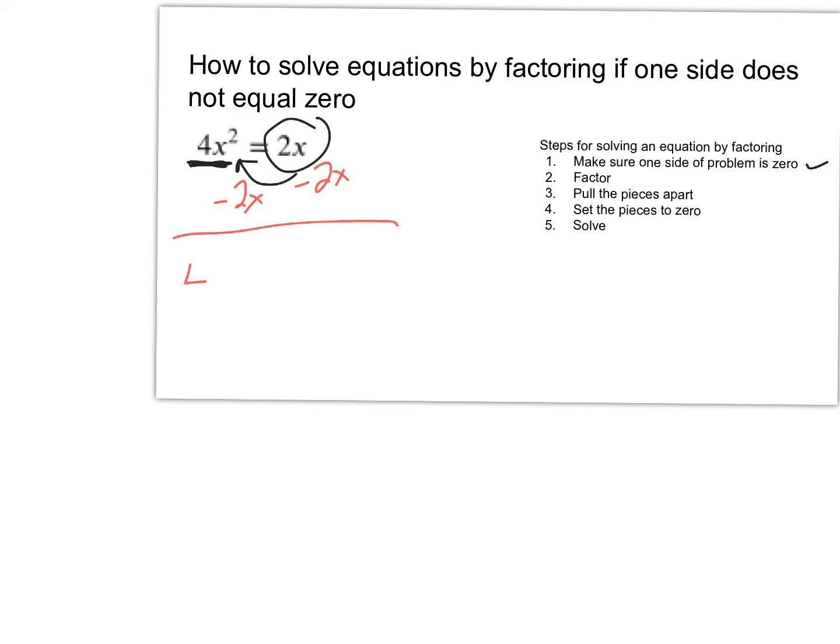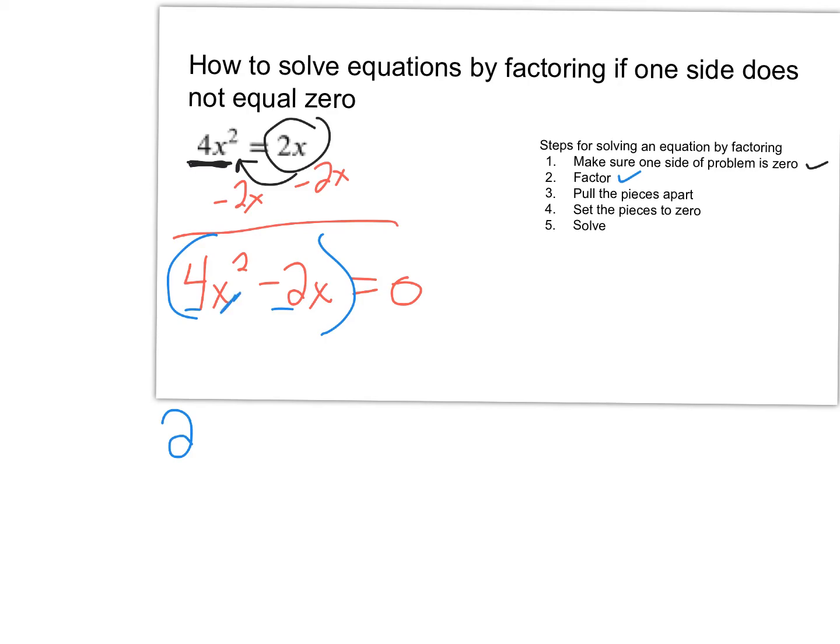So, 4x squared minus 2x equals 0. All right, now, step 2, factor. So, I'm going to take out the GCF. What do these pieces share? Between 4 and 2, I can kick out a multiple of 2.